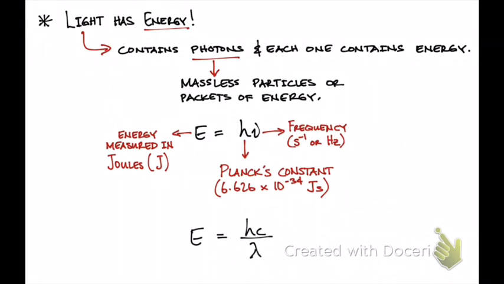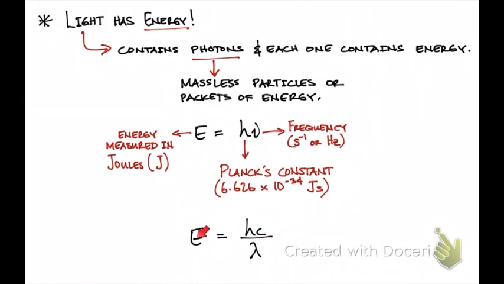And we can also use this equation shown here to relate wavelength, which is lambda, to the energy of that light. So in this case, lambda, the wavelength of light, is inversely proportional to energy. Whereas in this first equation here, the frequency is directly related to energy. So if the frequency of light increases, so does the energy of light, because you're multiplying frequency by Planck's constant.